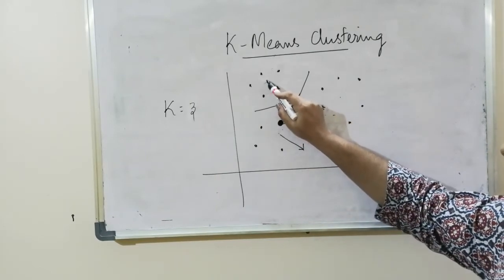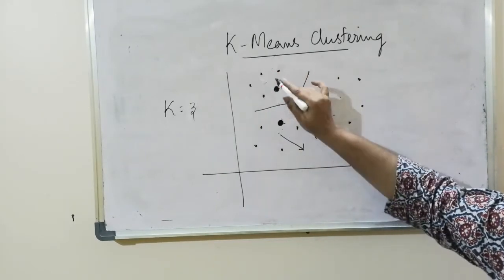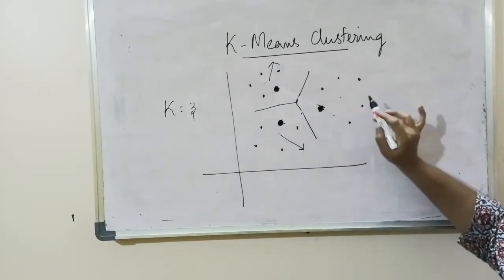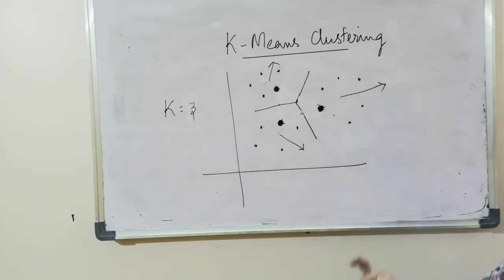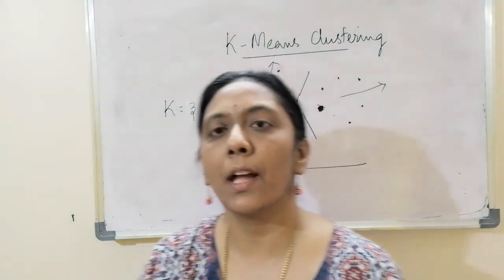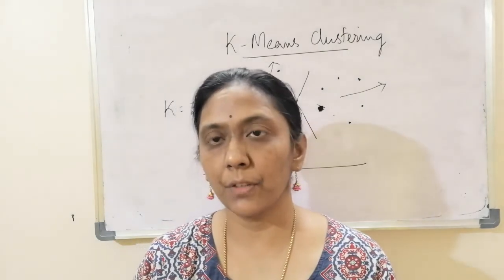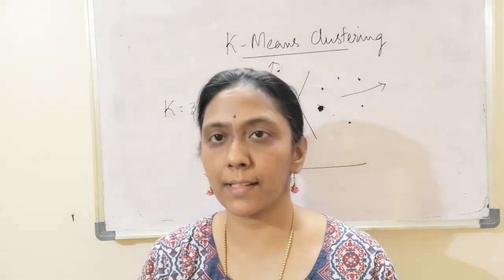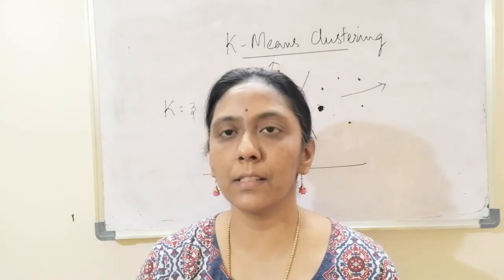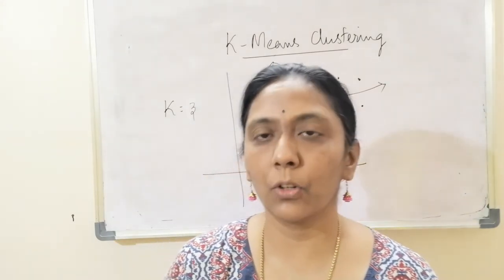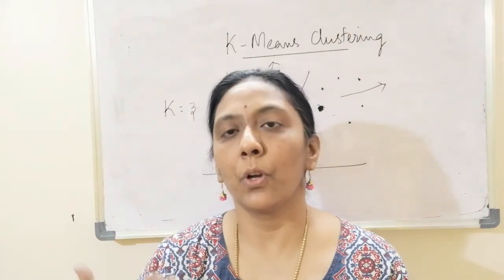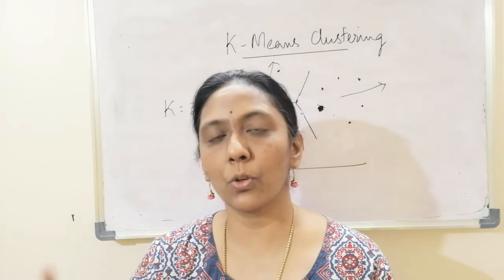Here it will find the centroid of this cluster and choose a seed from there. And again it will choose the centroid of this cluster and choose a seed from there. These 3 seeds are going to be used again in the next iteration, where again you are going to form clusters. In this way, the k-means clustering algorithm works: you keep on iteratively forming clusters based on the value of k.